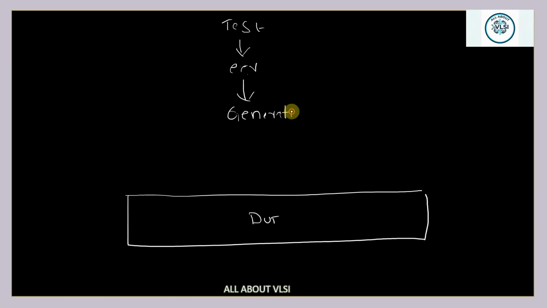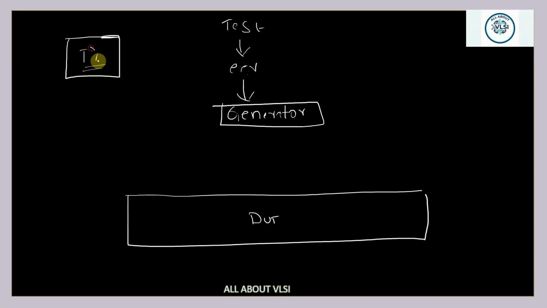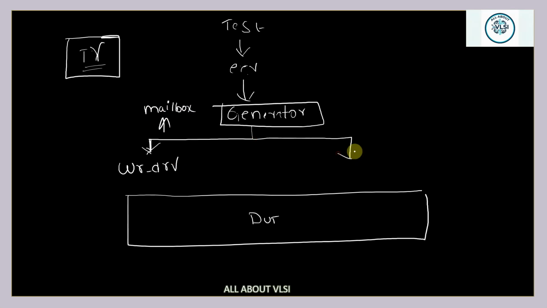The generator randomizes my transaction file and sends it to my write driver via the mailbox, and the read driver is also driving the read related transactions to our design.